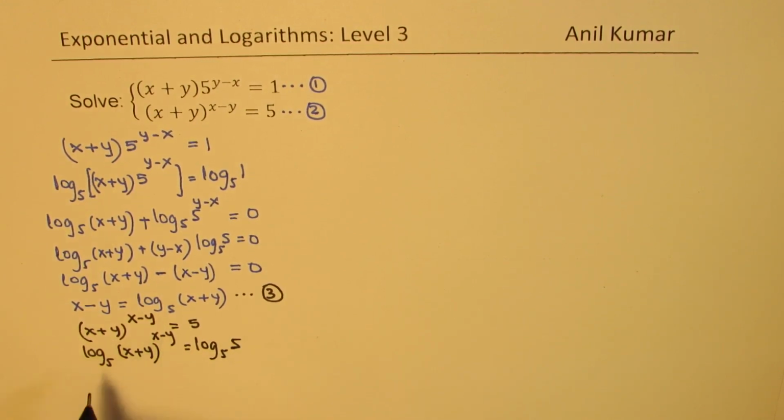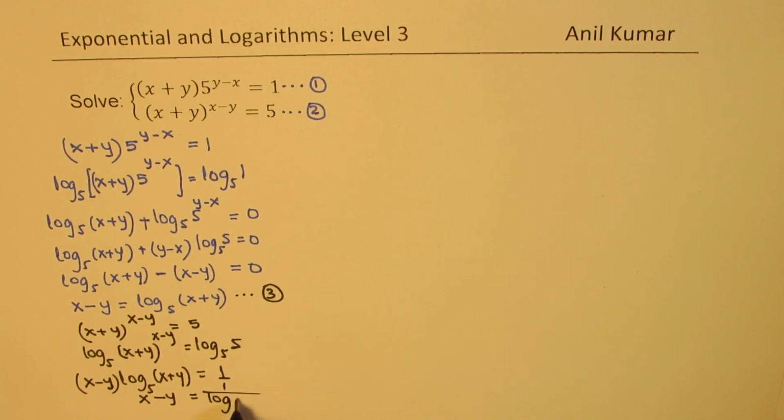Now that is 1, and this is (x minus y) times log to the base 5 of (x plus y) equals 1. So from here we can say x minus y equals 1 over log to the base 5 of (x plus y), correct? So that becomes our equation number 4.